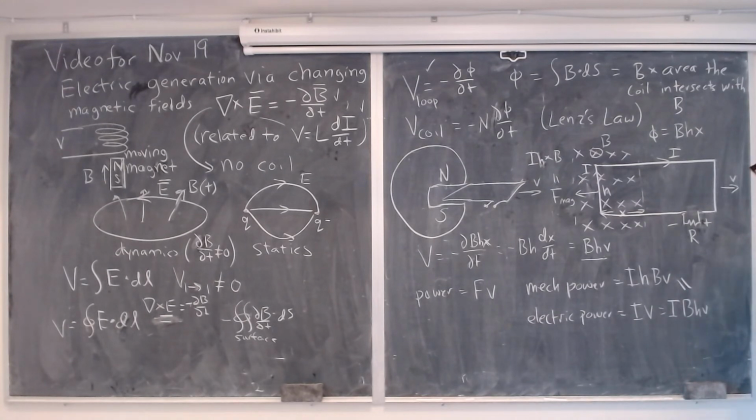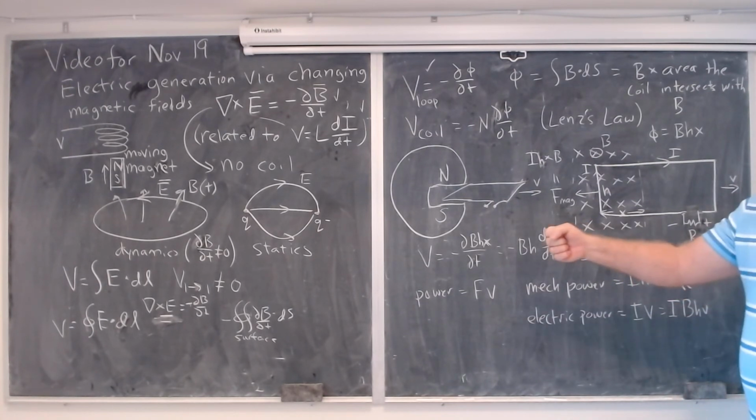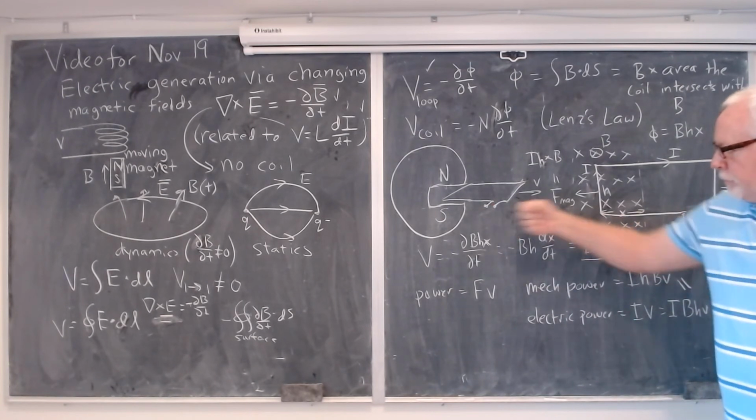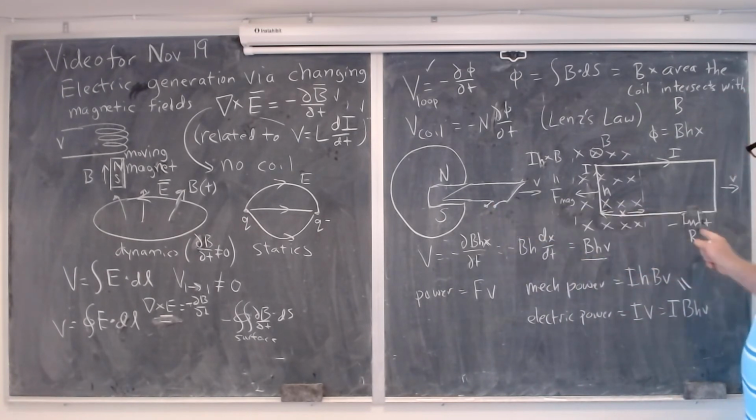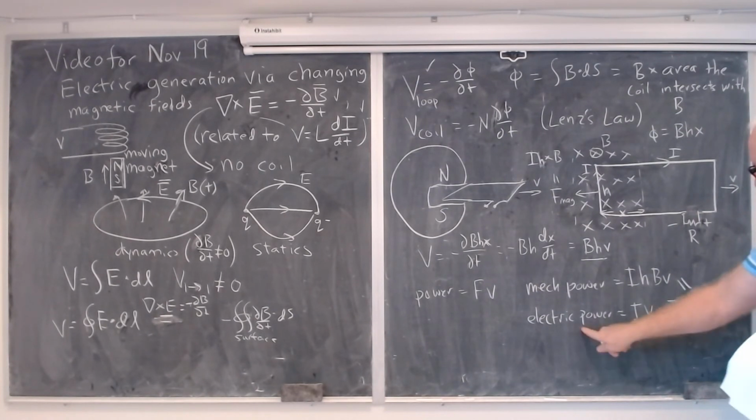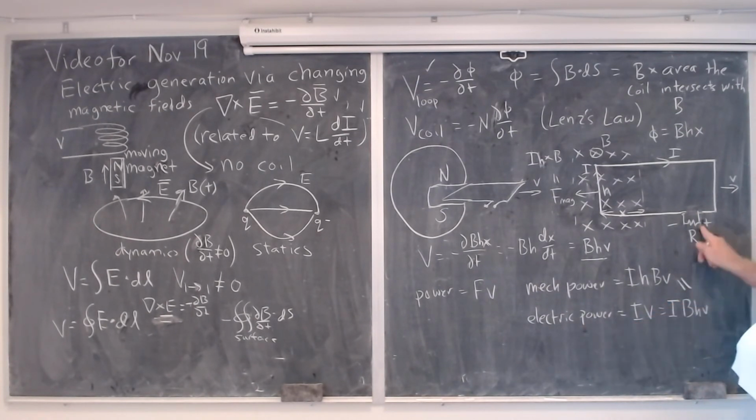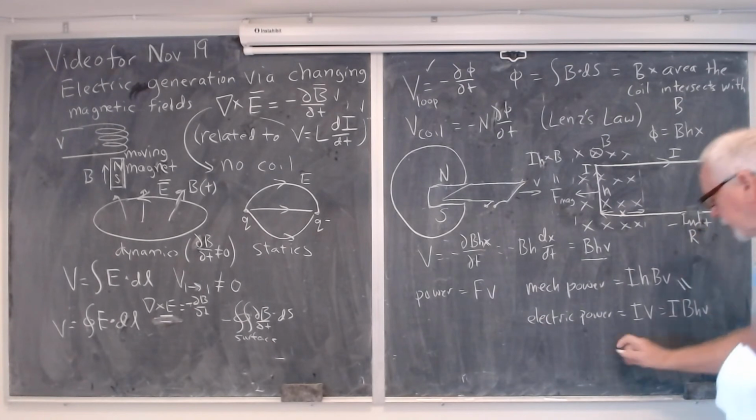All right, so what I've just shown is that for this simple electrical generator, the mechanical power I have to supply to pull it through the magnet and generate a voltage and a current there is equal to the electrical power generated in that resistor. 100% efficient.